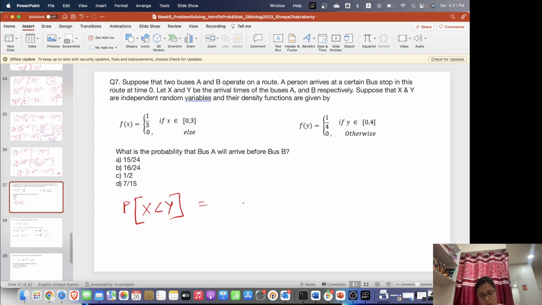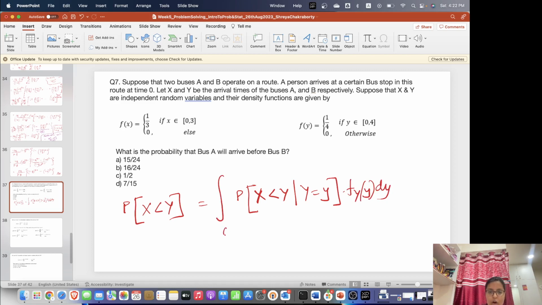So what we'll have is that we can write it as probability x less than y given y equals y, into f_y of y dy, where y can range from 0 to 4. This we can write by the theorem of total probability.